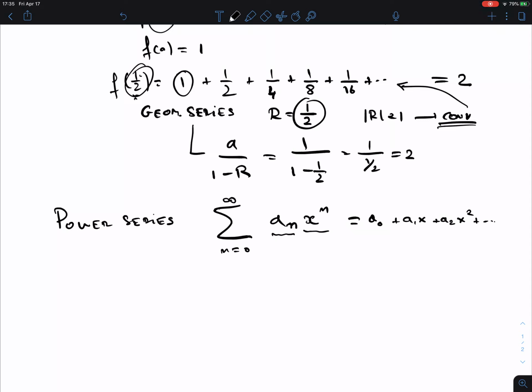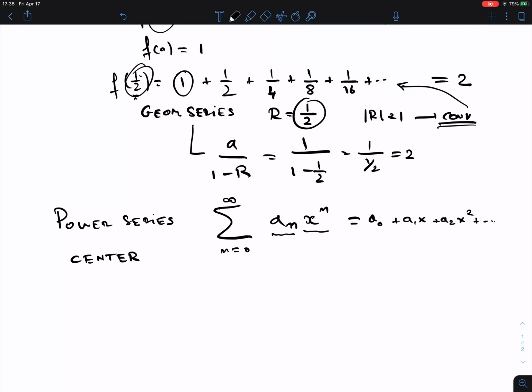Now, we need to be a little bit more general than just this. With polynomials, we can always do this. But as you will see, we have to pay attention to something called the center. The center of a power series is where you center the power series at.